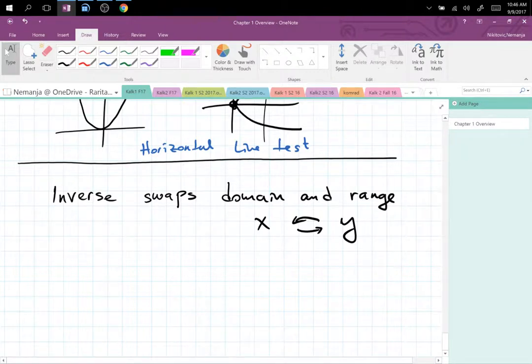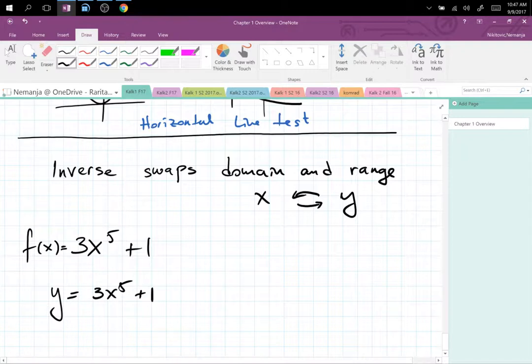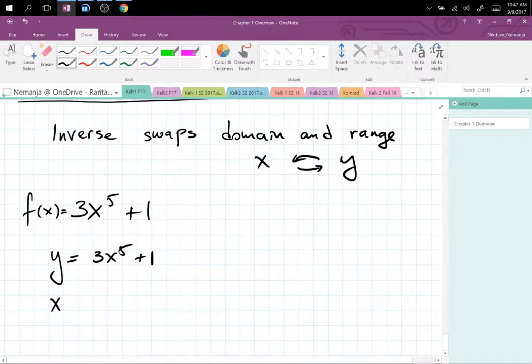So say you have 3x to the 5 plus 1, right? That's your f of x. What's the inverse? We write y equals 3x to the 5 plus 1, then x equals 3y to the 5 plus 1.